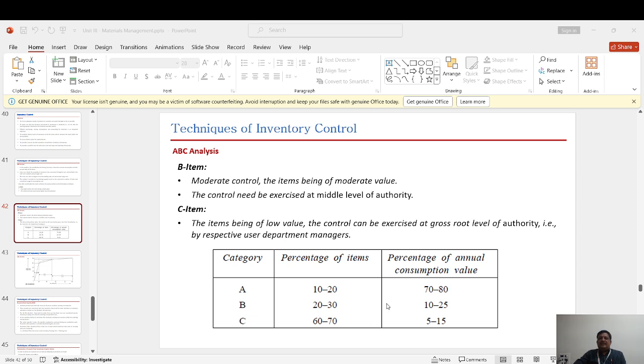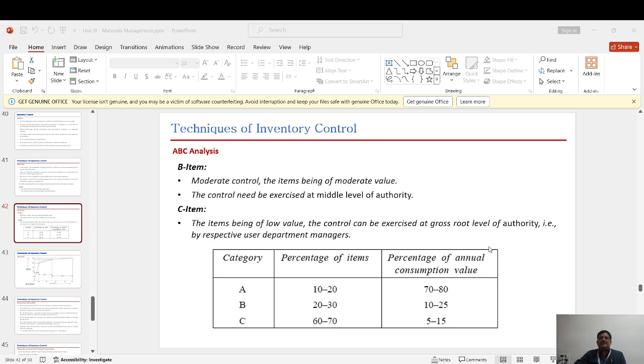So 1 upon N0 in a year is equal to Q0 divided by D. The average yearly cost is equal to the square root of 2C3DC1.